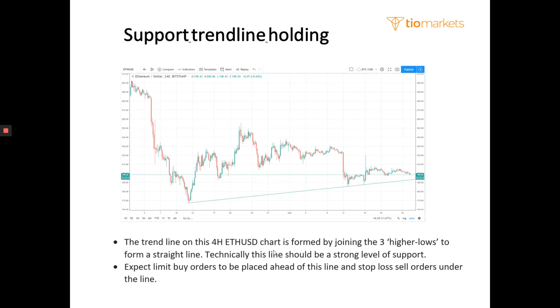So let's take a look at a support trend line that thus far has been holding. We can see here in front of you, hopefully you can see it fairly clearly, we have a 4-hour Ethereum chart. You will notice in today's webinar, all my charts are crypto. No particular reason for that, but they are anyway.